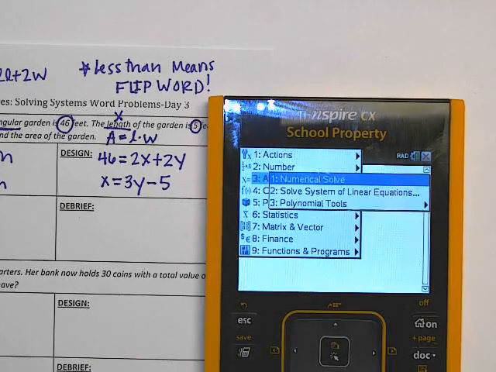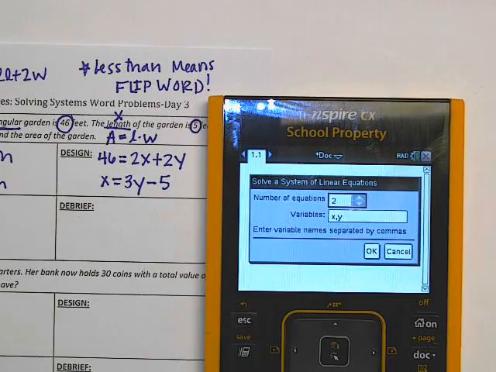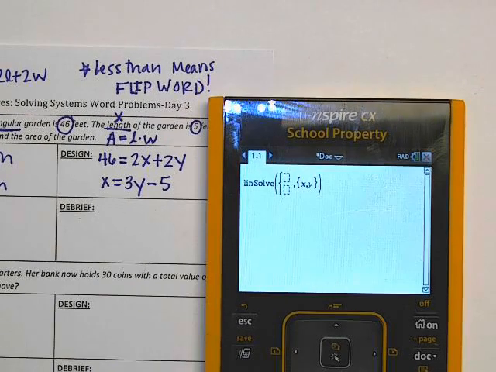Algebra. And what are we talking about? System. How many equations? X and Y. There we go. And plug them in. 46 equals 2x plus 2y. X equals 3y minus 5. Enter.